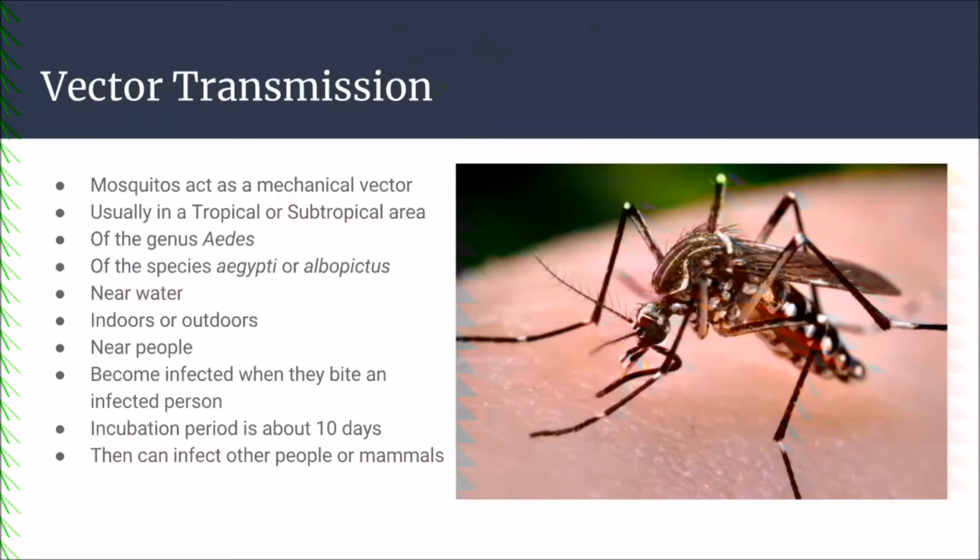The mosquito that carries this disease is an infected Aedes genus mosquito, specifically the Aegypti species and the Albopictus species. These mosquitoes like to live near water, indoors or outdoors, and they love to live near people. They become infected when they bite a person who is infected. They then can infect other people or mammals after an incubation period of about 10 days.